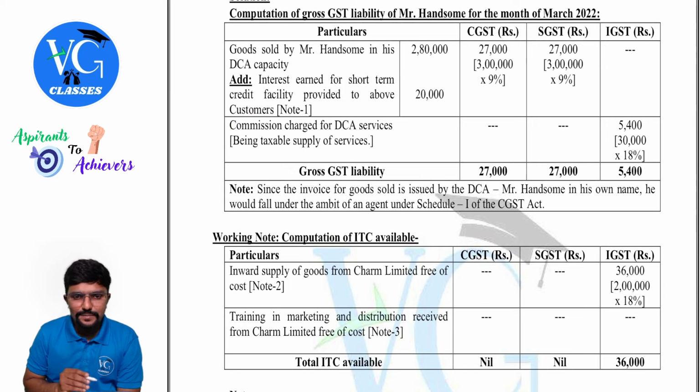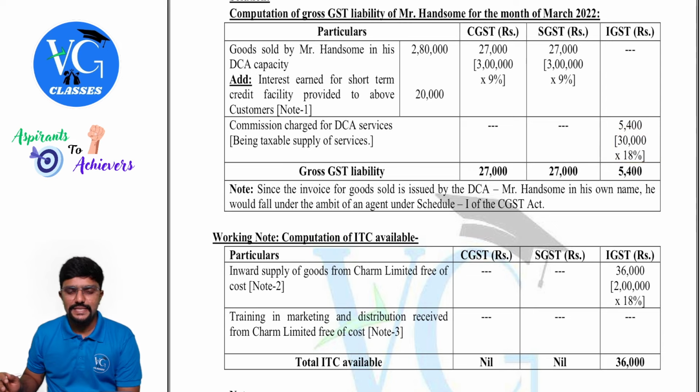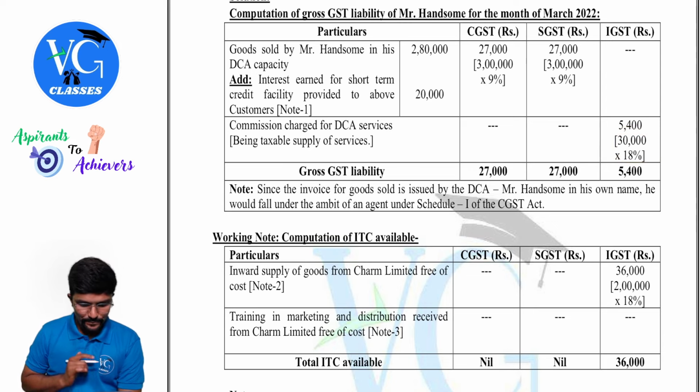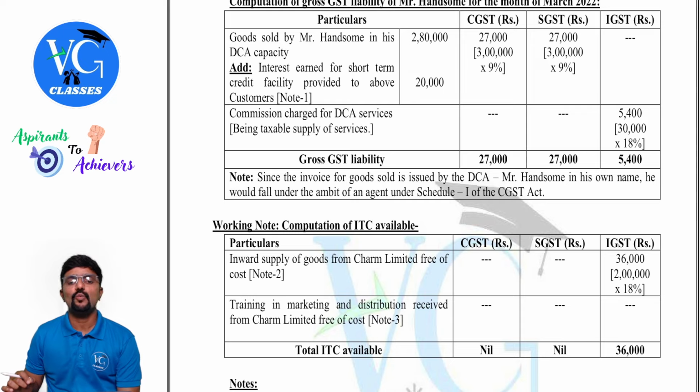It is a taxable supply of services at 18% IGST, charged to the principal. Okay. So you can see the note. Since the invoice for the goods sold is issued by the DCA, that is the agent, Mr. Ansem, in his own name, he would fall under the ambit of an agent as per Schedule 1 of the CGST Act, guys.